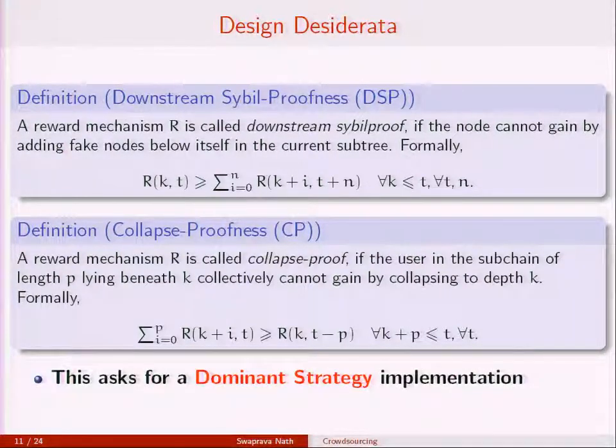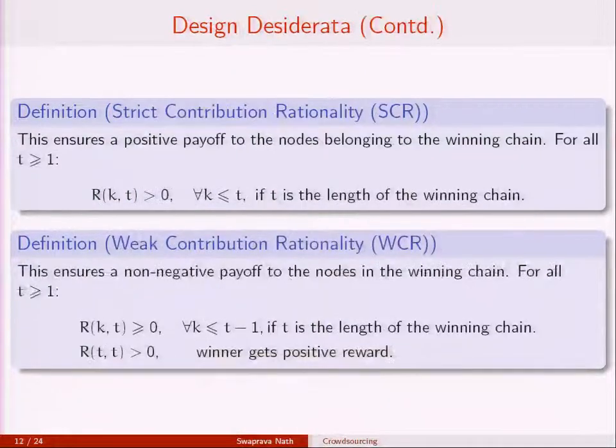And there is a notion in game theory called a dominant strategy implementation, which in plain English means these properties hold irrespective of what the other people are doing. So it does not matter whether the other people are creating fake nodes or not. It's still beneficial for you to stick to truthfulness. And of course, you need some kind of participation guarantee.